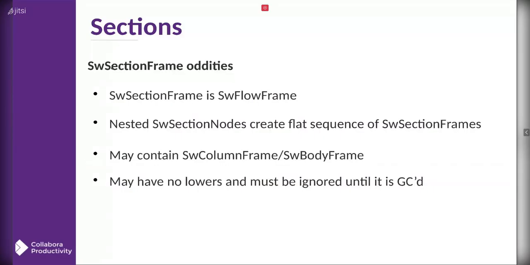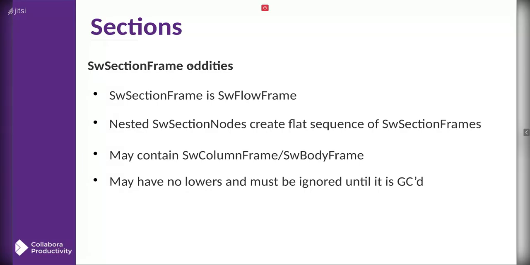So in Writer, we also have these sections, and of course, as you might expect, an SwSectionFrame that is used in the layout. And this section frame is a flow frame, which means that it can split across pages, similar to a table or a paragraph.